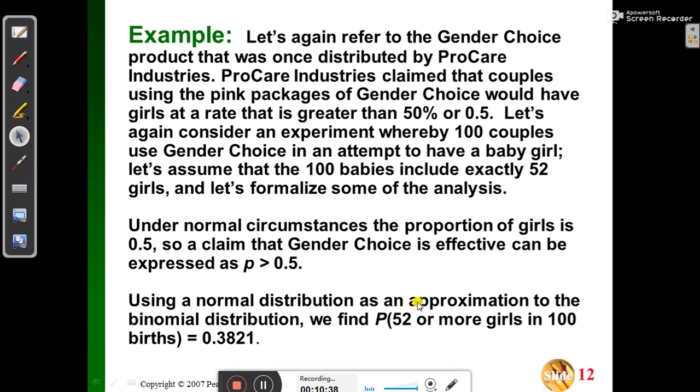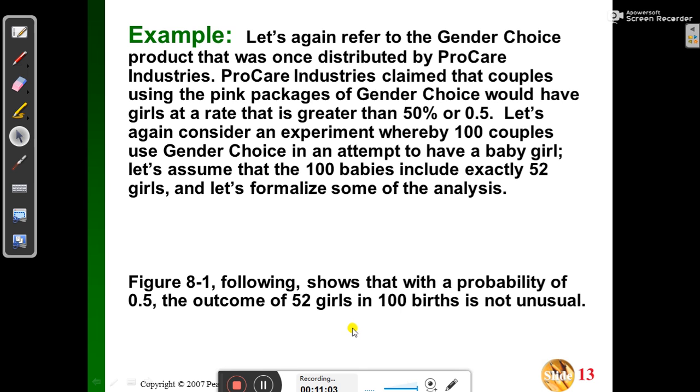Using a normal distribution as an approximation to the binomial distribution, we use binomial because there are only two possibilities, baby boy or baby girl. We find P(52 or more girls in 100 births) equal to 0.3821. Suppose that is the distribution value. Using the normal distribution as an approximation to the binomial distribution, we find the p-value.